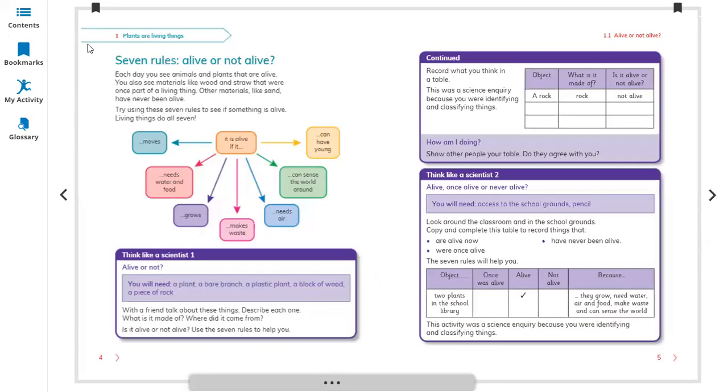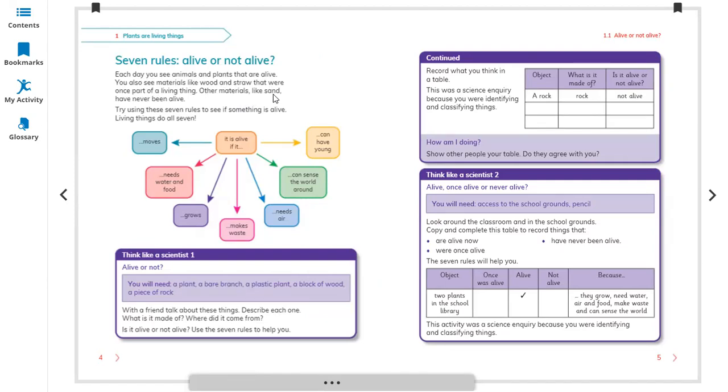After these 7 rules, each day you can see different animals and plants that are alive. You also see materials like wood, straw, a duster, and the class board, whiteboard, blackboard, different things. Straw was once part of a living thing.